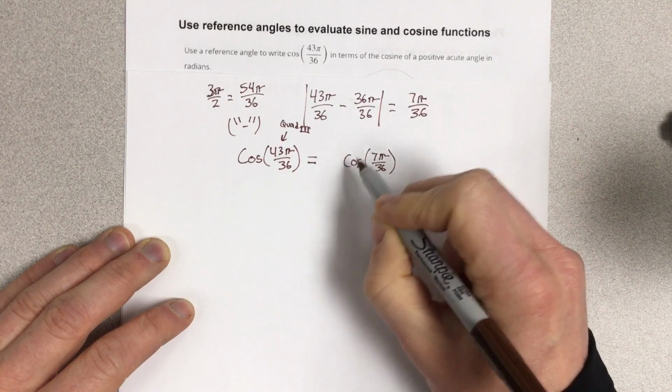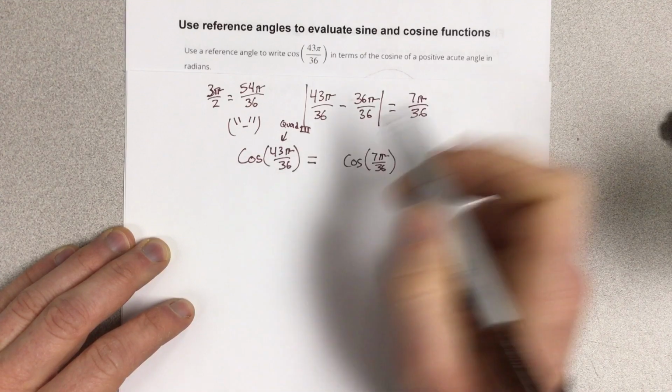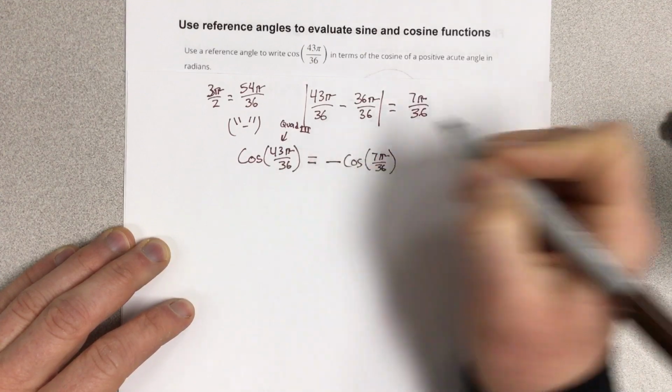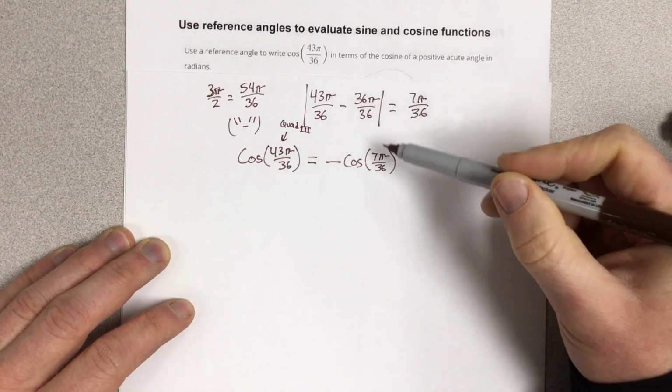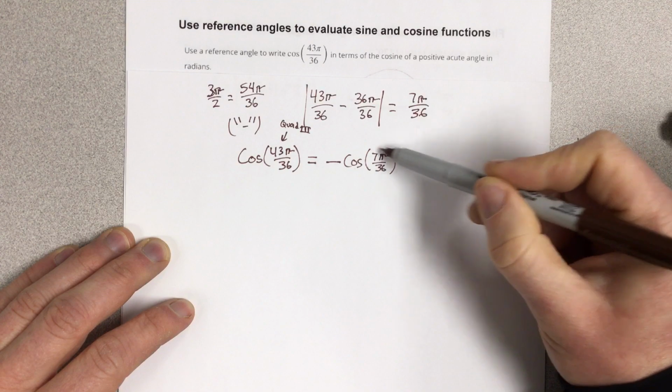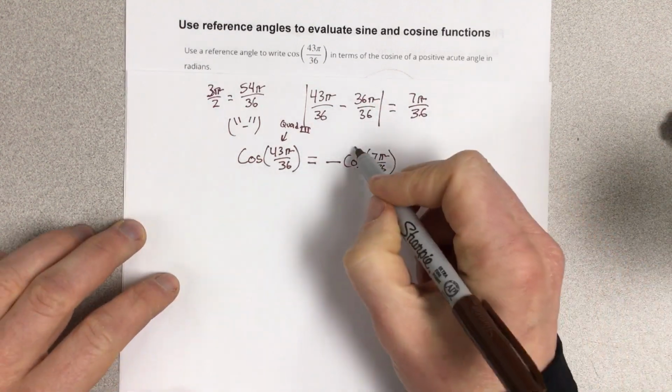Cosine is positive there, and right now this is a negative value that I have here. Well, I just needed to offset it by putting a negative on the leading coefficient, and now I have two equivalent expressions, but I have a positive acute angle in radians for my cosine term. So this would be your solution.